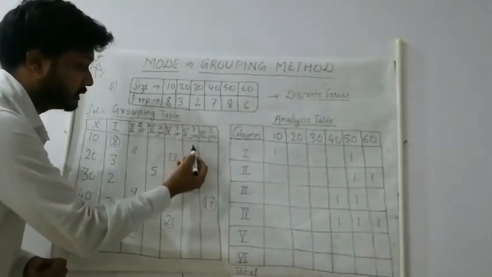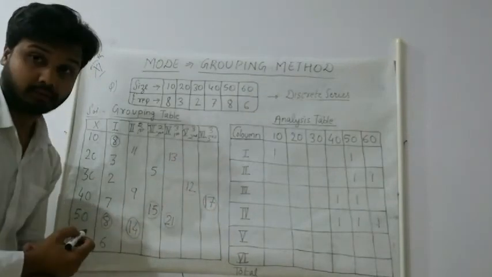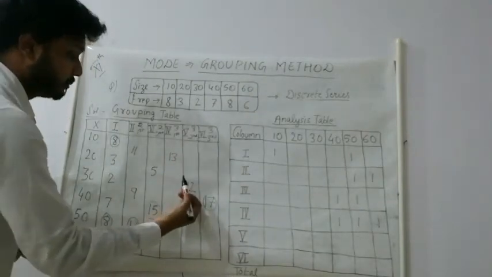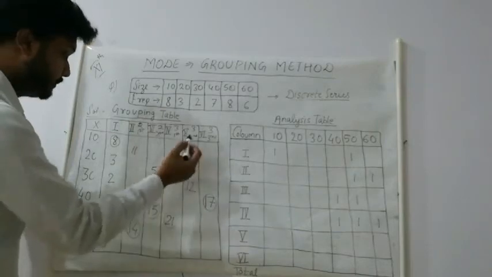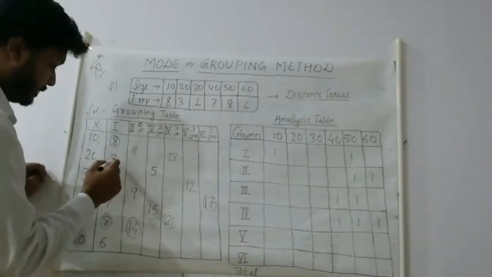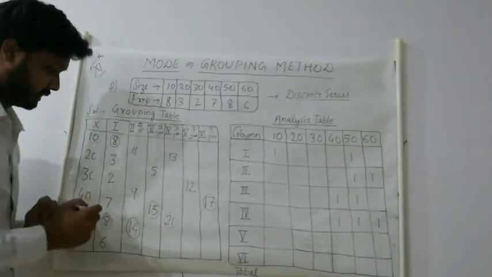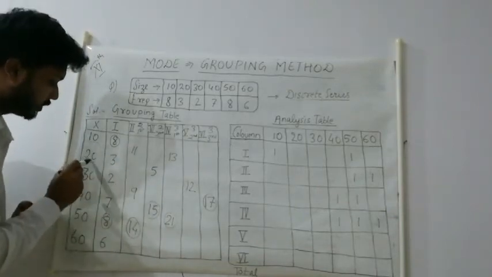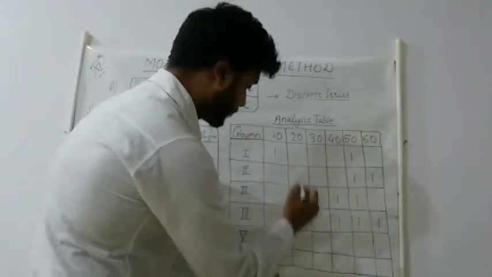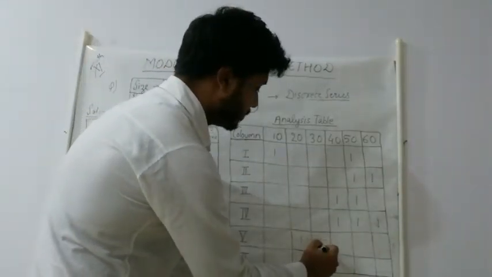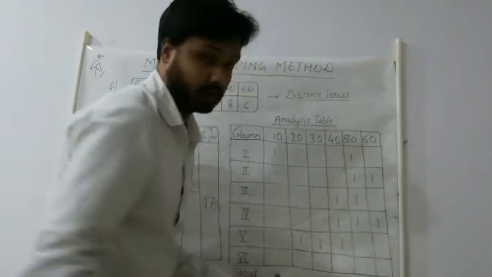Then again in the fifth one the highest is 12. Single number only. What numbers did we add for 12? See, we have made a pair of 3: this 3 plus 2 is 5, and plus 7, that is 12. So these are part of 20, 30 and 40. So we will mark here in 20, 30 and 40.